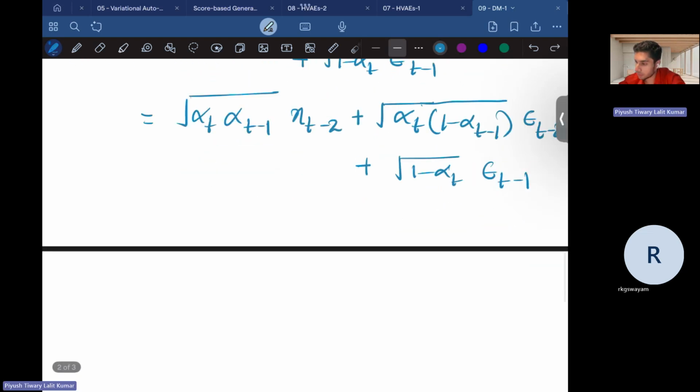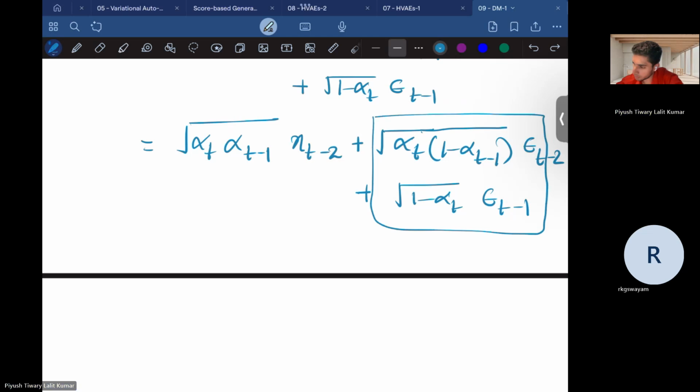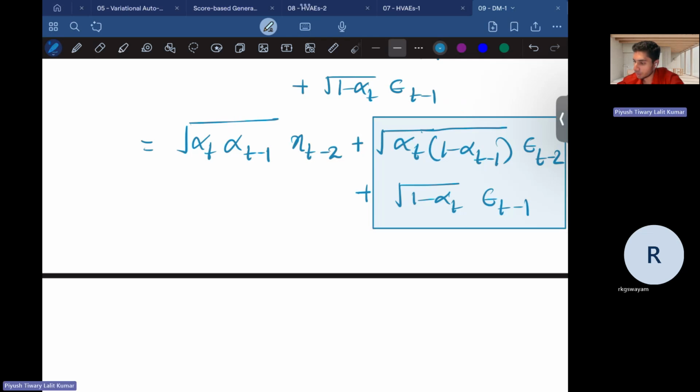Now what we can do is, let me highlight these two things perhaps. If you look at it, epsilon t minus 1 and epsilon t minus 2 are both Gaussian 0, I, right?